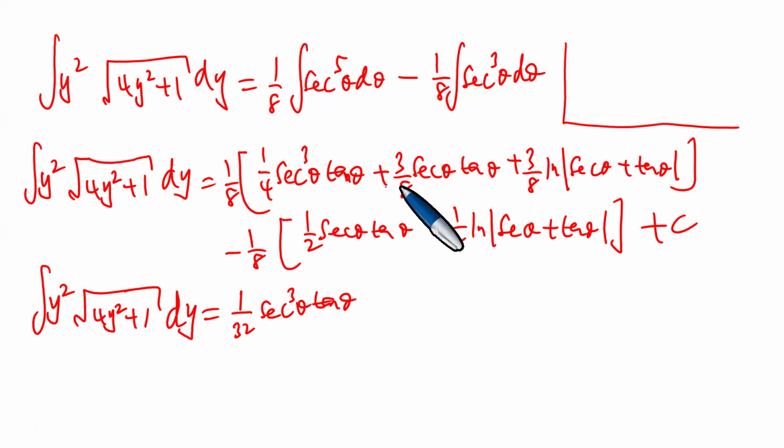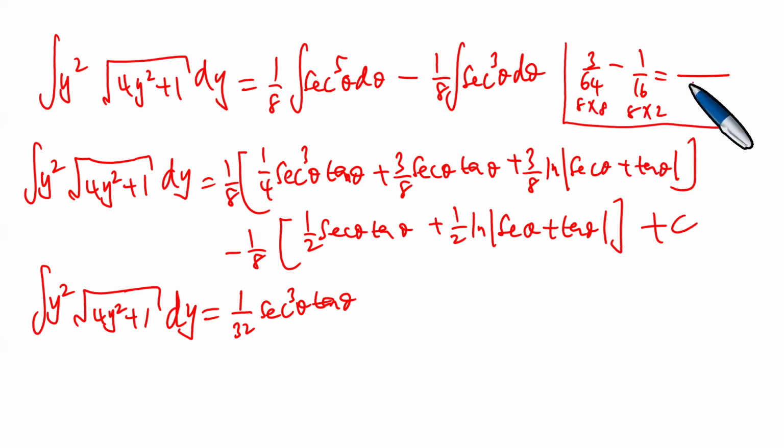So we have this one here, which is 3 out of 64. If you multiply this with this, you have this with that, which is 3 out of 64, and then this with that, which is minus 1 out of 16. This is like 8 by 8, and this is like 8 by 2.